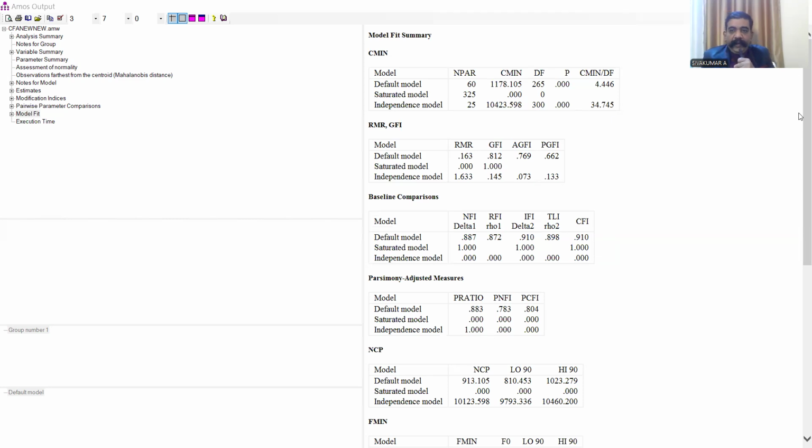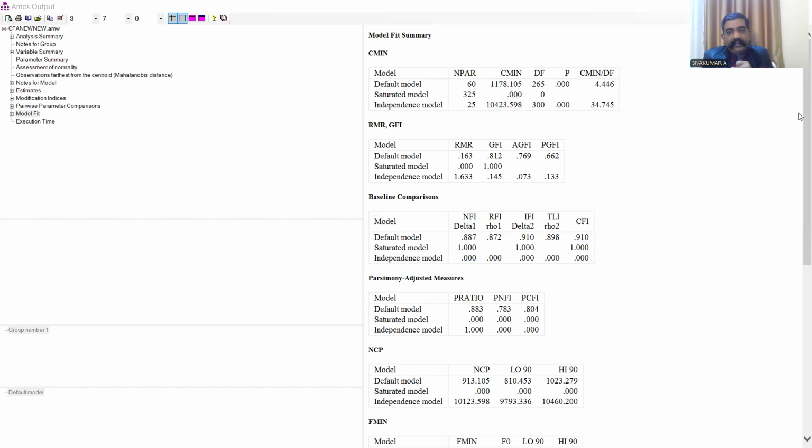In the case of one-way ANOVA, if the p-value is less than 0.05, you can reject the null hypothesis. Likewise, if the chi-square divided by degree of freedom is less than 3, then it is a good confirmatory factor analysis model. If it is less than 5, no problem, it is acceptable.